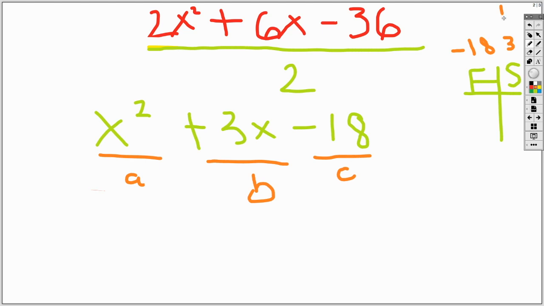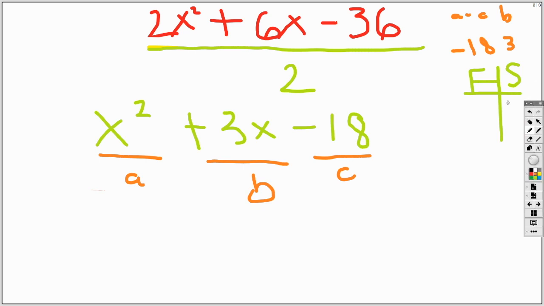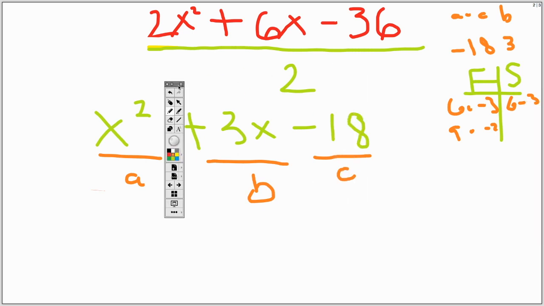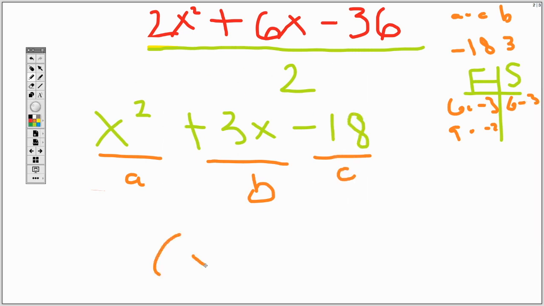Remember, our sum is B, and our factor is A times C. Then I'm going to think of the numbers I can factor. 6 times minus 3 has to be minus 18. 9 times minus 2. And we can see that 6 and minus 3 work here. So I would just write x minus 3 and x plus 6.